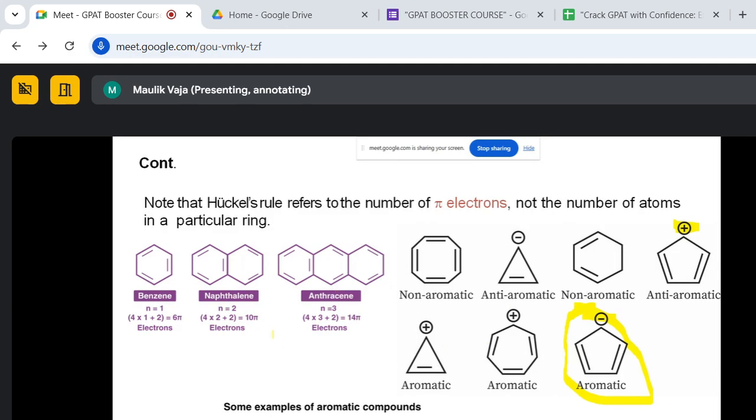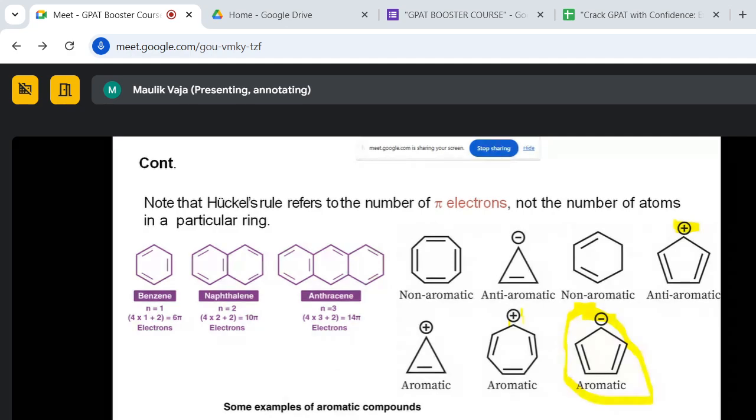If this compound, the tropylium ion, contains a negative charge here, then what will be the nature of the compound? Aromatic, anti-aromatic, or non-aromatic? Anyone? The tropylium ion is aromatic. With a negative charge, it will be anti-aromatic.